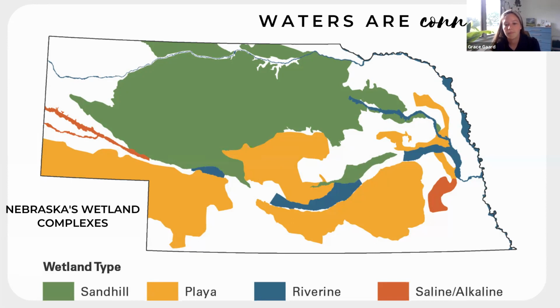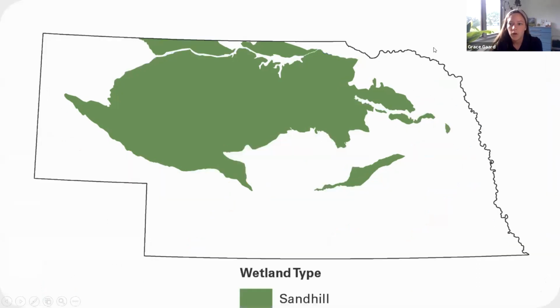They wouldn't necessarily be considered a certain type, but there are still going to be wetlands found in some of these white spaces. So just something to keep in mind. But scientists, we like to categorize things and make them fit more into an order so we can make sense of them.